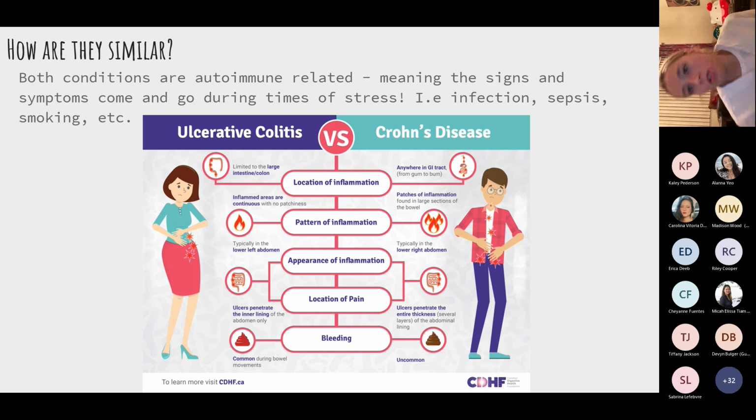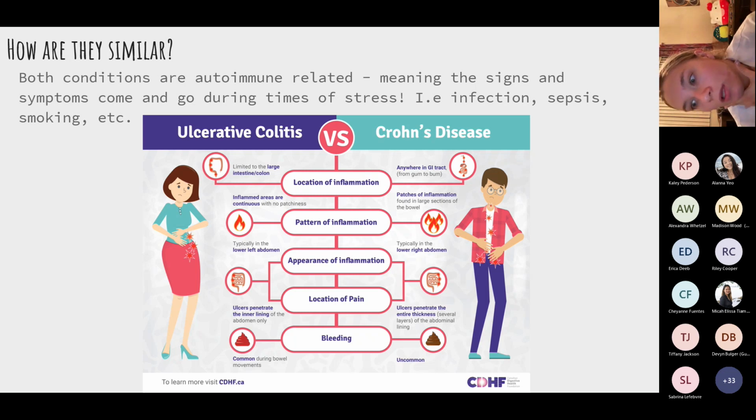Now, this begs the question, how are they different? When you think of ulcerative colitis, I want you to think of colon. This is usually limited to the colon, usually our large intestine leading to the rectum, and we have a pinpoint area. Additionally, when you think ulcers, think blood.